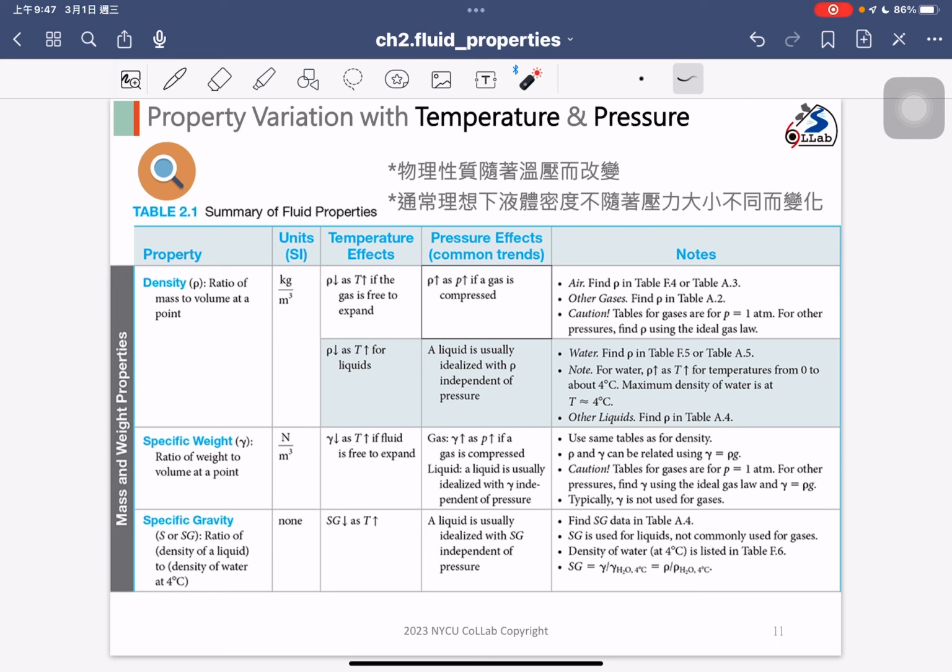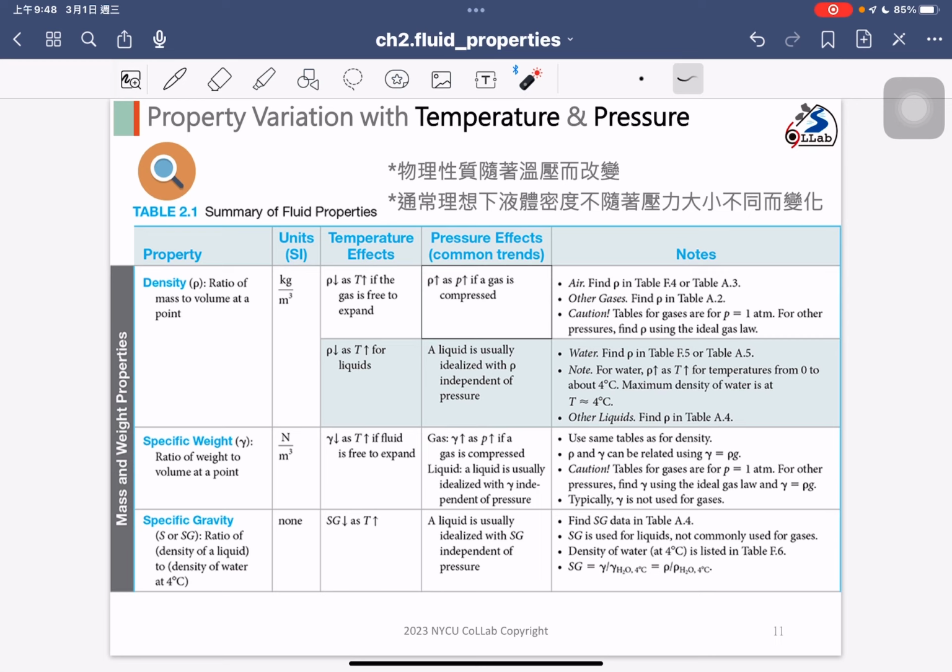The first one is the density, the second is the specific weight, and the final is the specific gravity. We only focus on the first one, the density, because the following properties are similar to the density.